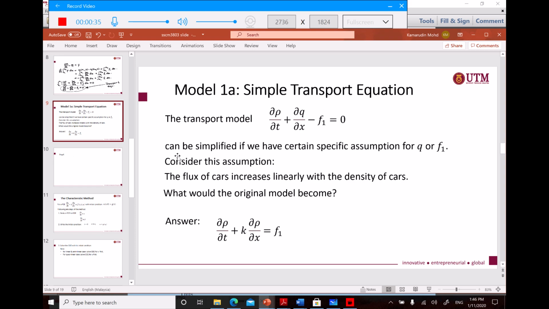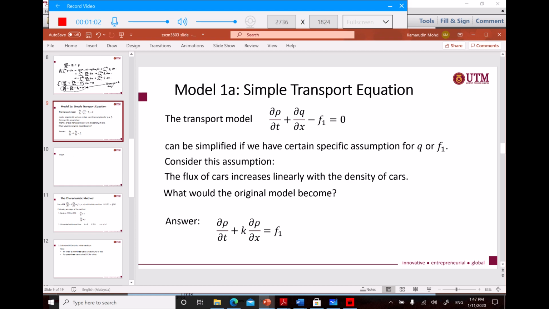Okay, as mentioned here, it can be simplified if we have certain specific assumptions for Q and F, right? Because as we can see from this equation, there are too many variables. We have the independent variables x and t, but the dependent variables we have rho the density, q the flux, and we have f1, an unknown function.